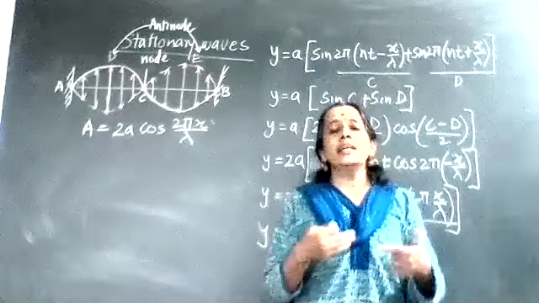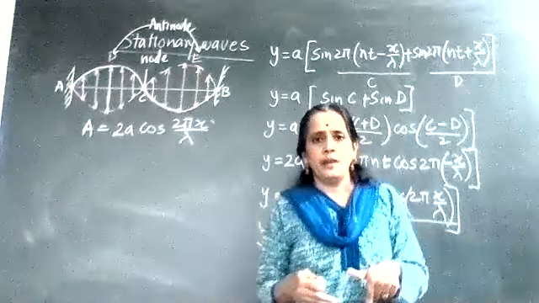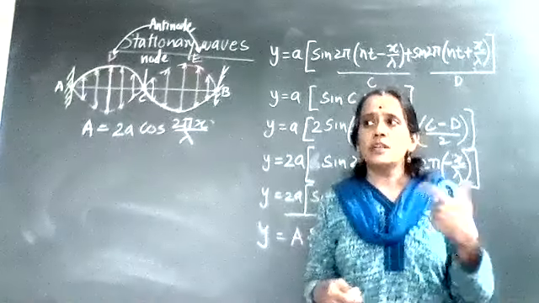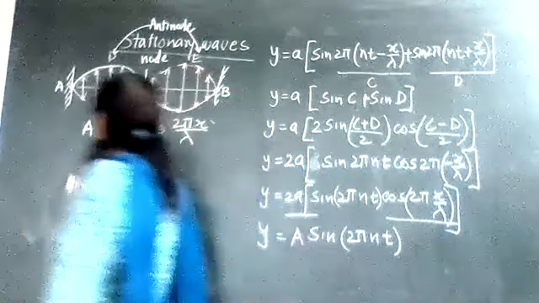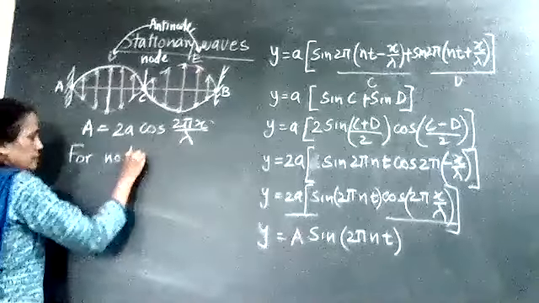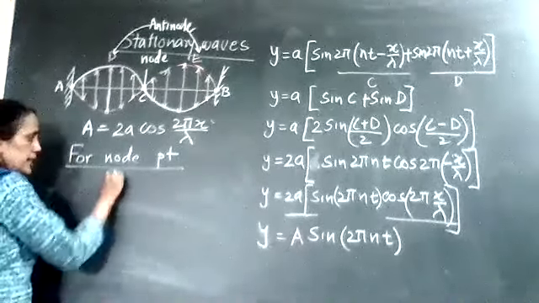So by considering that case, I can find out at what displacement you will get the node point and at what displacement I will get the antinode. So now I can write for the node point. For the node point, what is the thing?